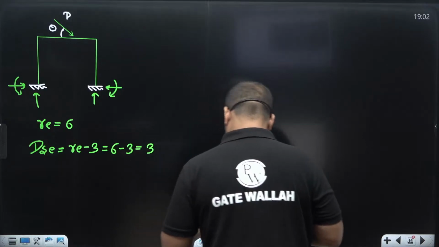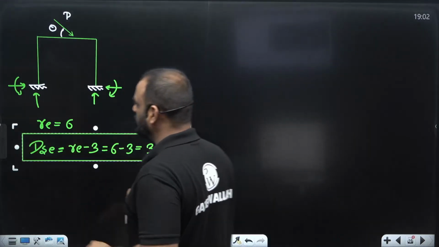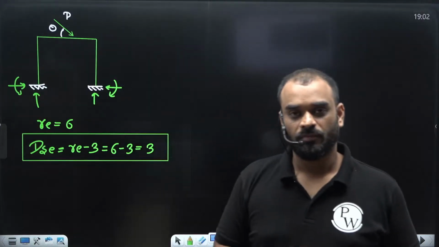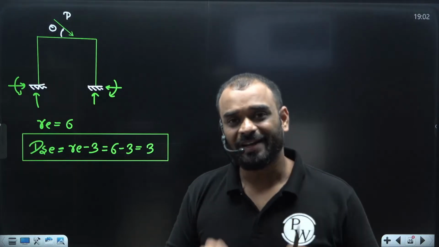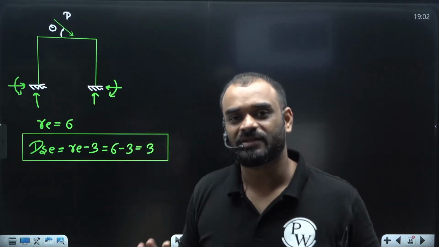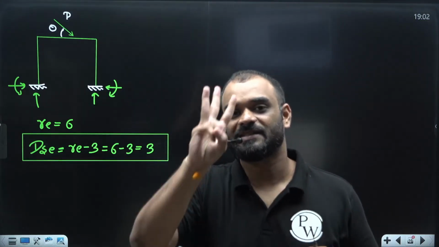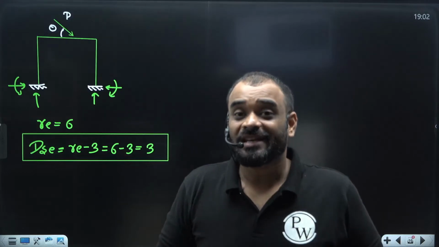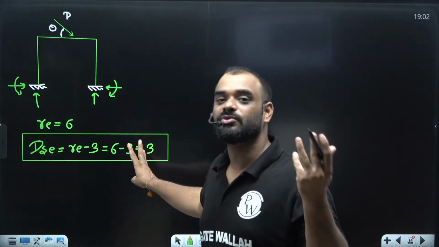3. That means in this particular structure there are 3 reactions which we are not able to find out by using static equilibrium equations alone, and that's why this structure is an externally indeterminate structure, and the degree of external static indeterminacy is 3. That means we need 3 extra equations to find out these 3 unknowns.